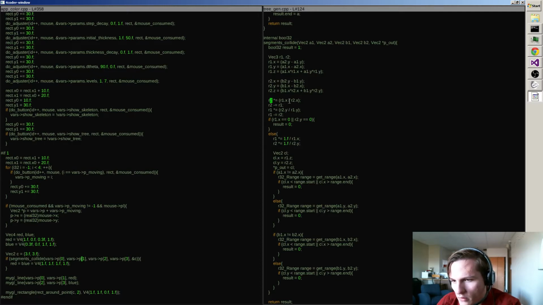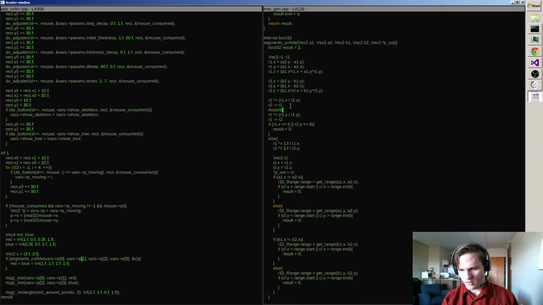So r1.x divided by r2.x gets multiplied in, and the reason for that is so that you divide out whatever was in that x position, multiply in what was in the x position of r1, and then subtract r1.x from r2.x. That way r2.x should be 0. So I'm going to assert that. I think I have an assert.